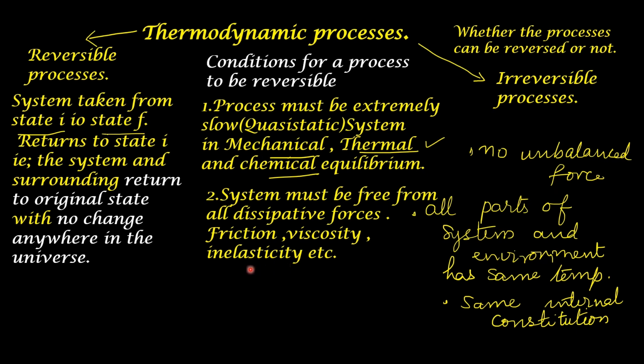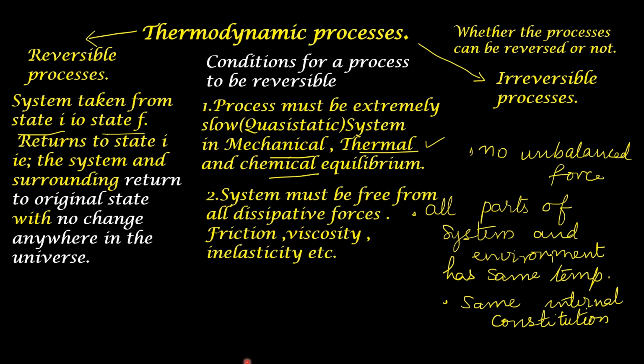If the system experiences this kind of dissipative forces, the energy that is spent against this cannot be retrieved or obtained back. So when we look at these two conditions, they are very elaborate conditions, and it is very difficult in nature to obtain these conditions totally.